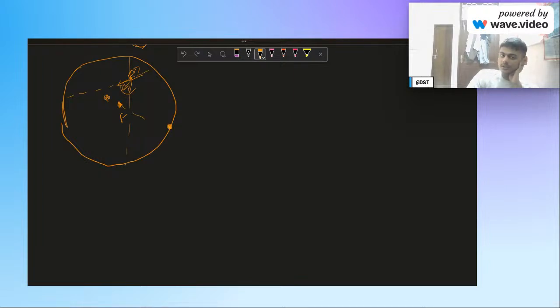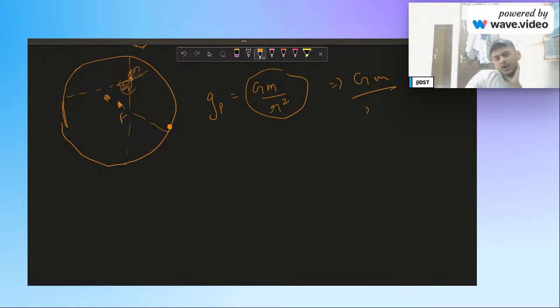At the surface point, the gravitational field strength will be equal to GM over R square, and at a distance x from its surface, it will be equal to GM over (R plus x) whole square.